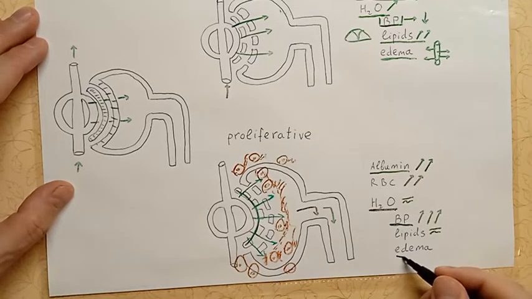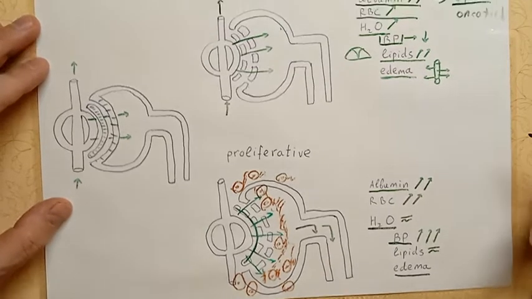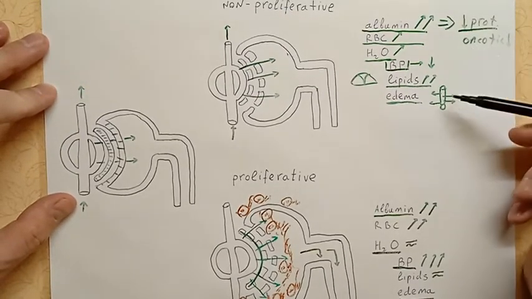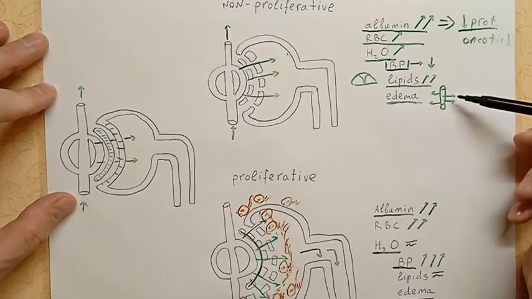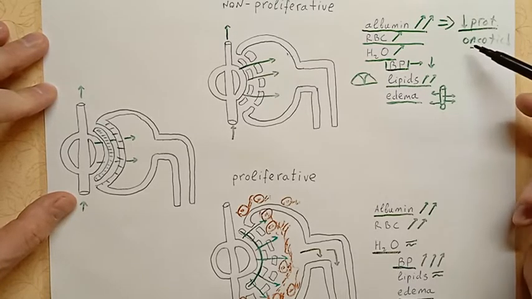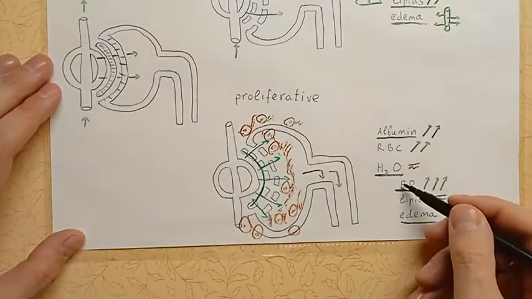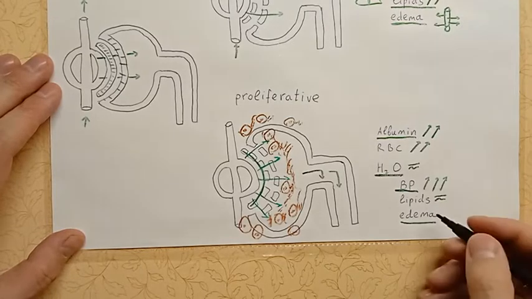Edema will happen not because of the loss of oncotic pressure, but because of the severe high blood pressure.